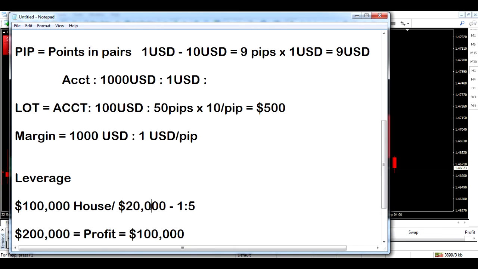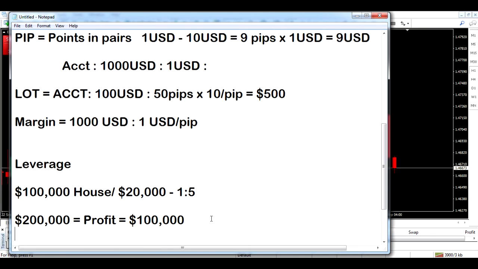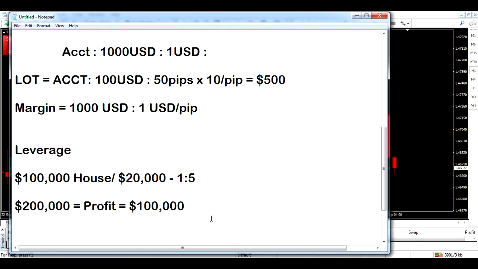If the price doubled and you only had 20,000 as capital, your profit would be 20,000 without the leverage, because your leverage is 1:1.